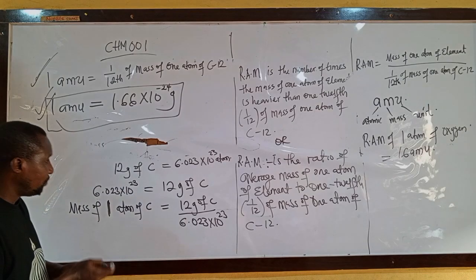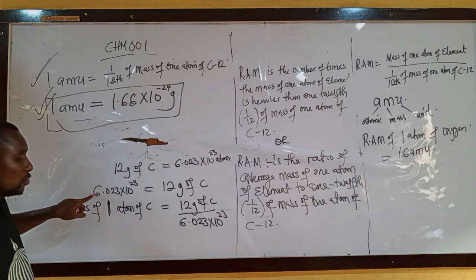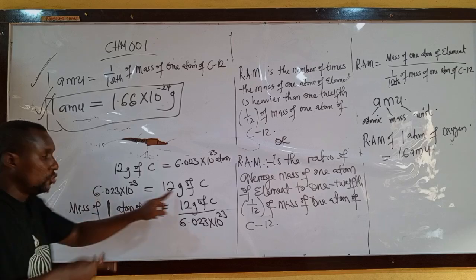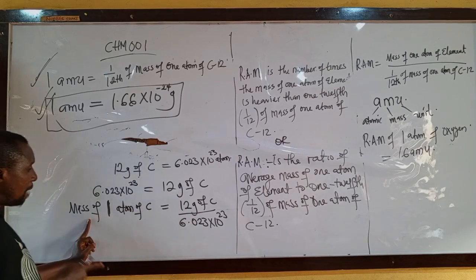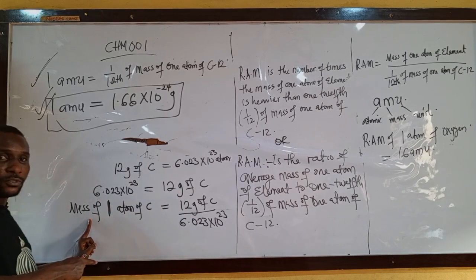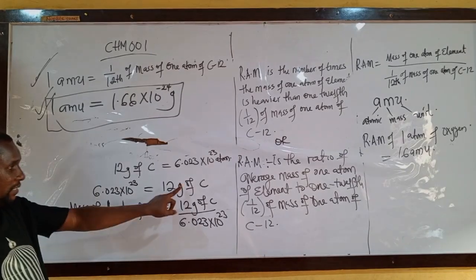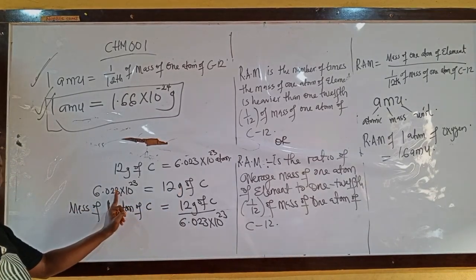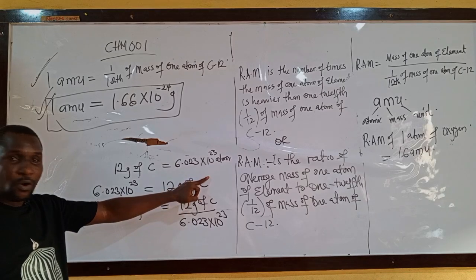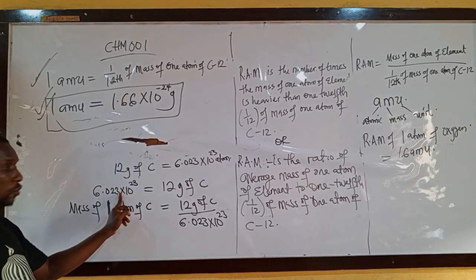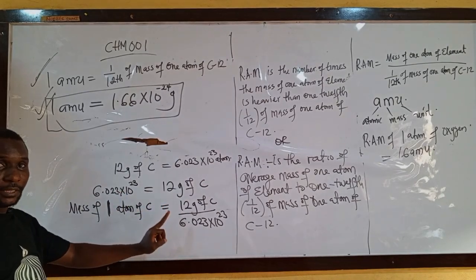Listen. The mass of 6.023 times 10 raised to power 23 atoms is 12 grams. Then the mass of one atom of carbon will be this divided by this, that is 12 grams of carbon divided by 6.023 times 10 raised to power 23.